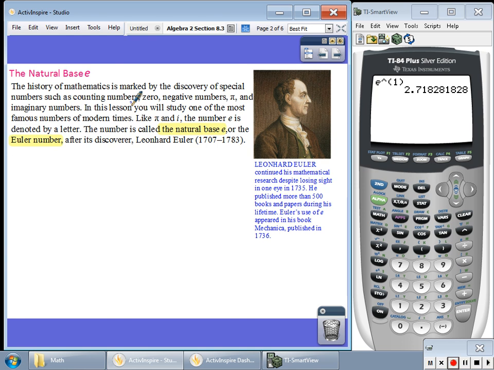In this lesson, we're going to study one of the most famous numbers of modern times, and like pi and the letter i, the number e is denoted by a letter, and the number is called the natural base e, or Euler's number. They called it Euler's number because Leonhard Euler was the person who discovered it. But what you really need to know, just like you know that pi is 3.14, is that e is 2.718.